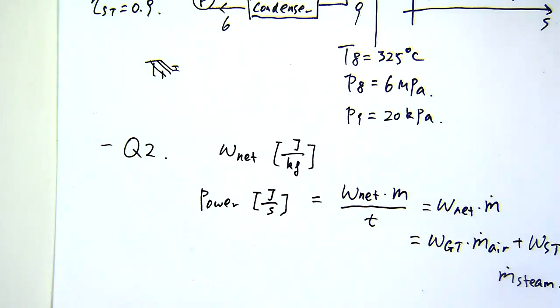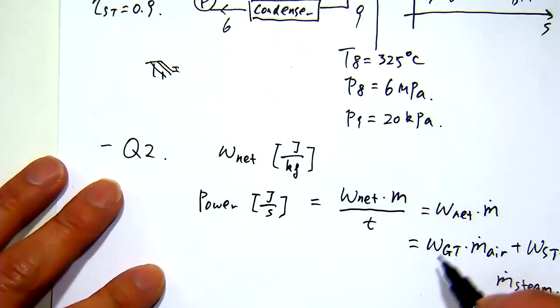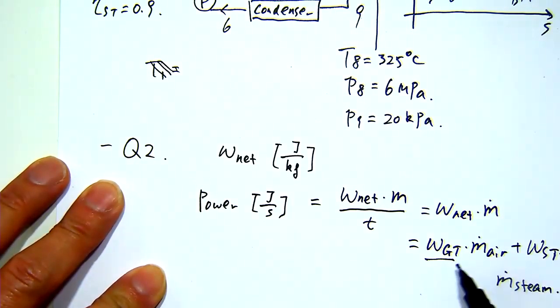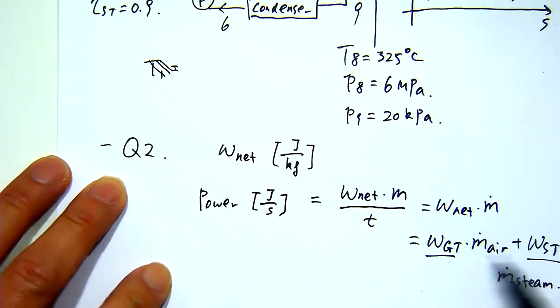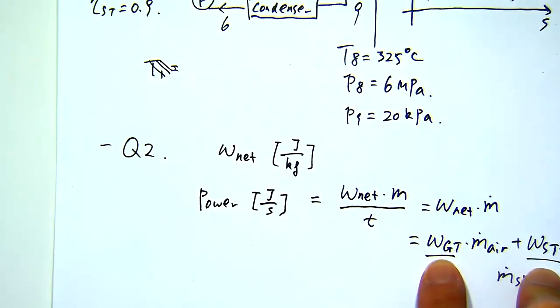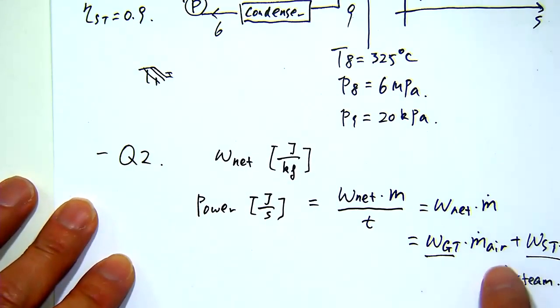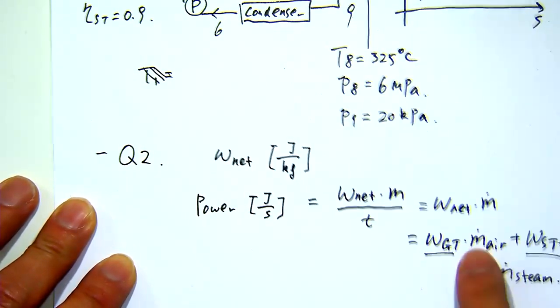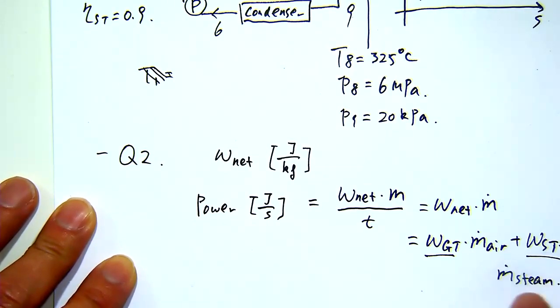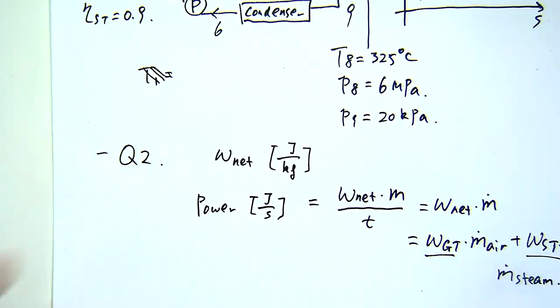I'm showing it here just because we are doing this example. So there are two energy terms, the gas turbine work and the steam turbine work, and we can figure those out based on our knowledge of the cycles we have studied. Then we need to figure out the relation between the steam flow rate and the air flow rate, which is what the problem is asking.